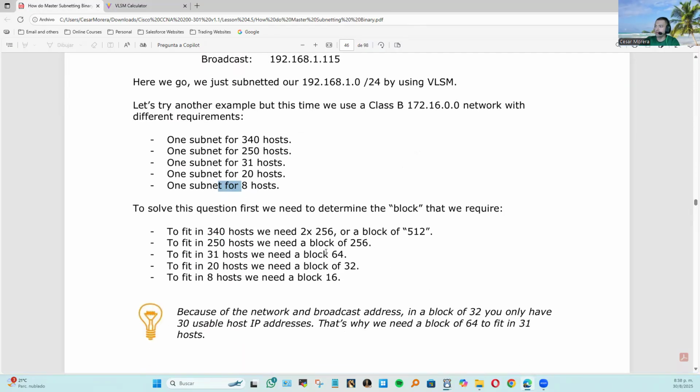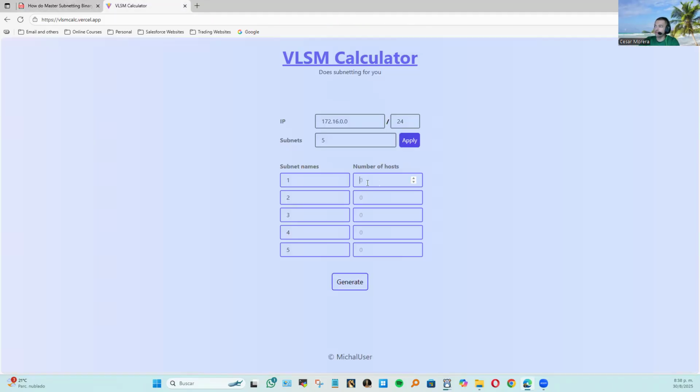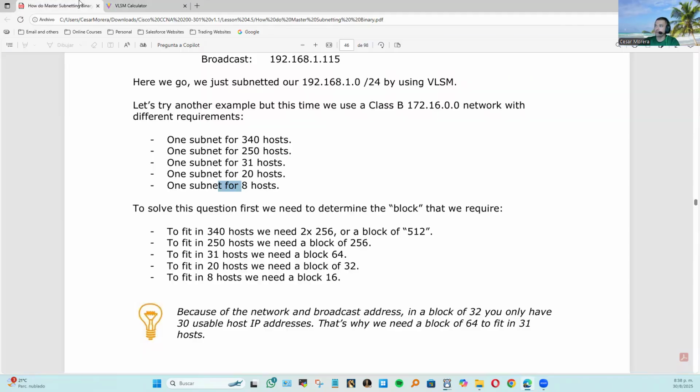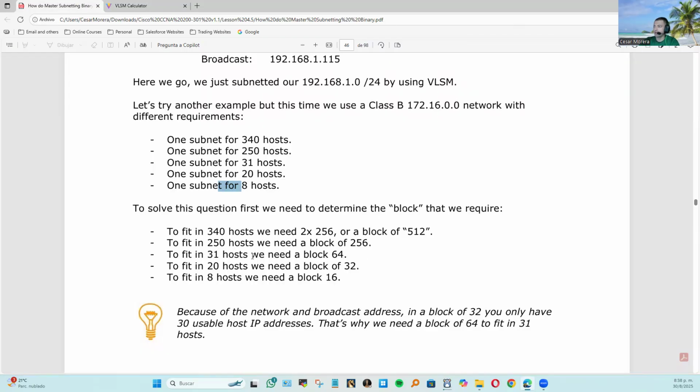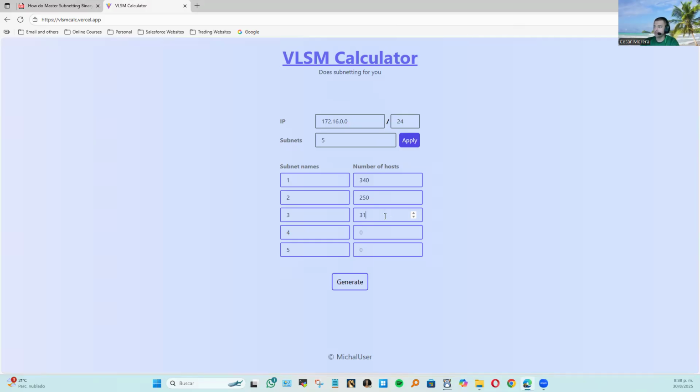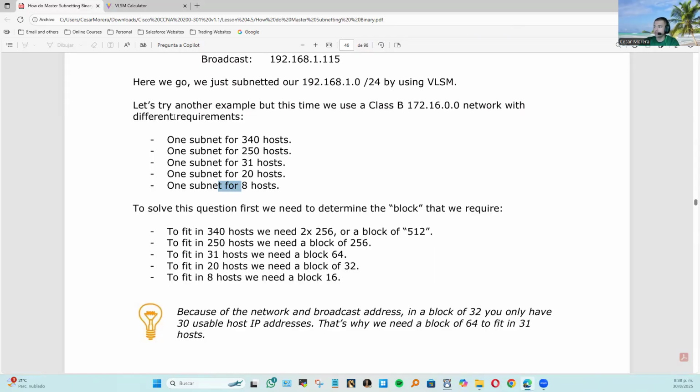Okay, so we have 340 for the first one. Then we have a total of 250 for the other one, 250. We have 31. We have 20.